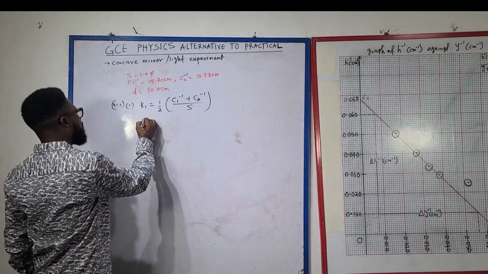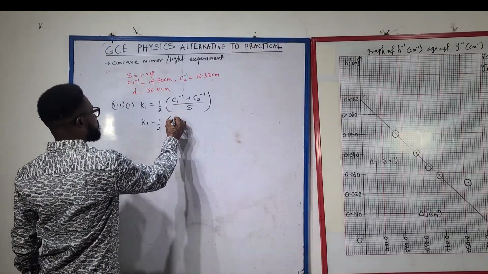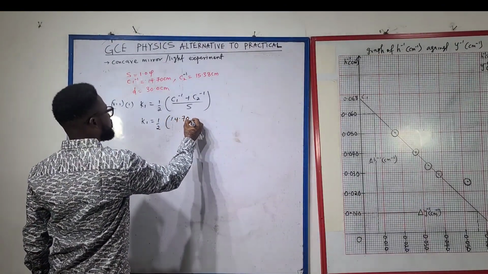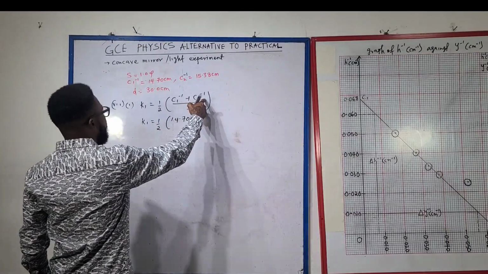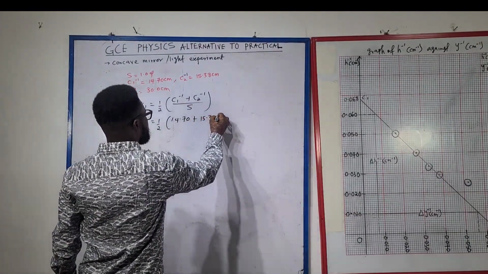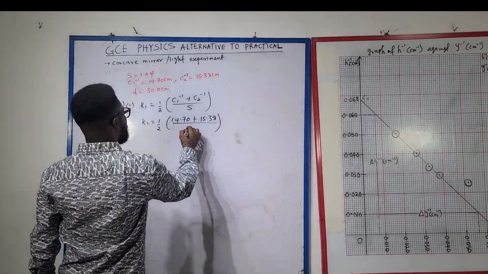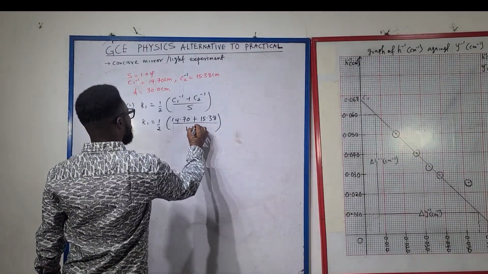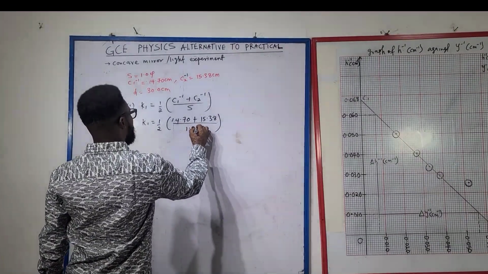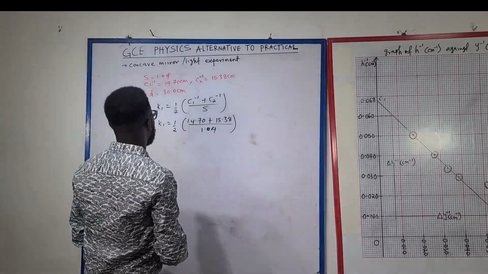Okay, so for K1, that is 1/2 times 14.70 in centimeters plus 15.38 in centimeters, divided by the slope of 1.04. Yes, that's what we have.